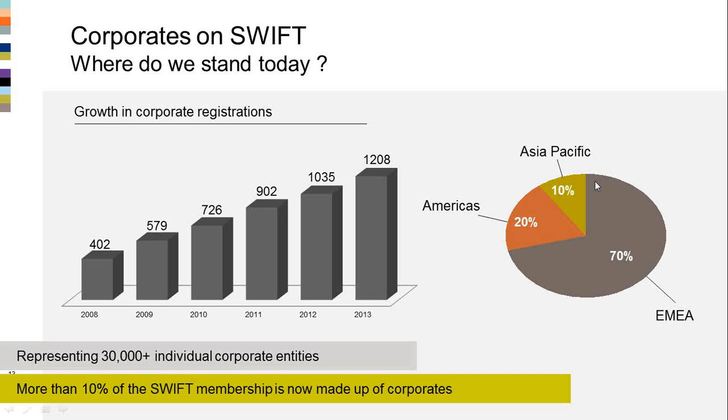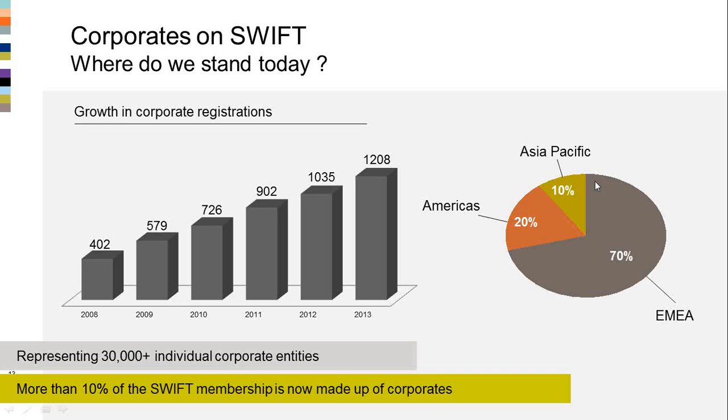It just so happens that as fast as my colleagues are signing up corporates in their respective regions, we in Europe are keeping pace with them. So while the pie is actually growing in size, those proportions haven't changed dramatically. Also, I can say that more than 10% of the SWIFT membership these days is now made up of corporates, and I'm very excited by that.